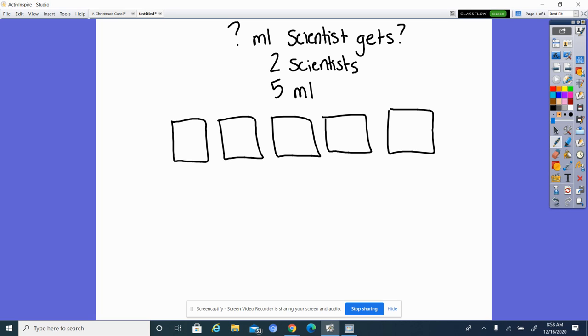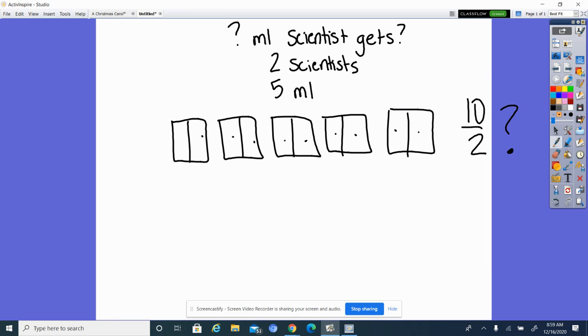So what am I going to do to each of my boxes? Put them in halves. Okay, how many halves do I now have? 10 halves, right? 1 half, 2 halves, 3 halves, up to 10 halves. Does everybody see where I got the 10 halves from?